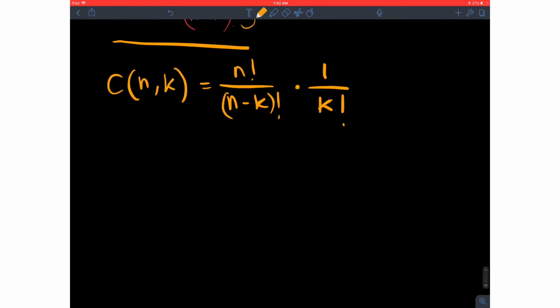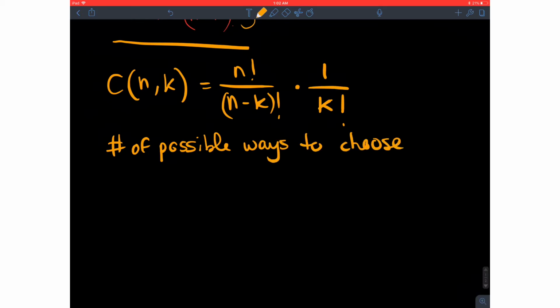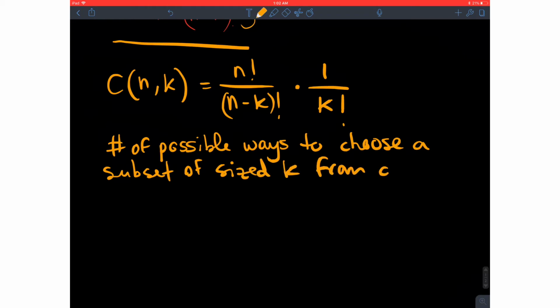So this can be interpreted as the number of possible ways to choose a subset of size k from a set of size n.